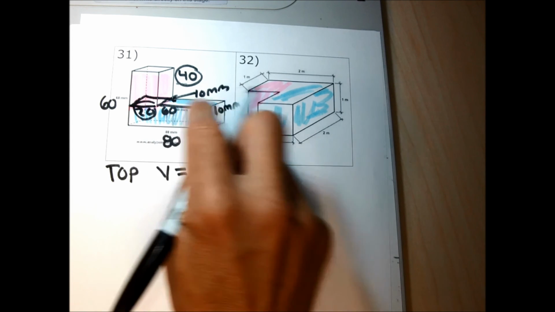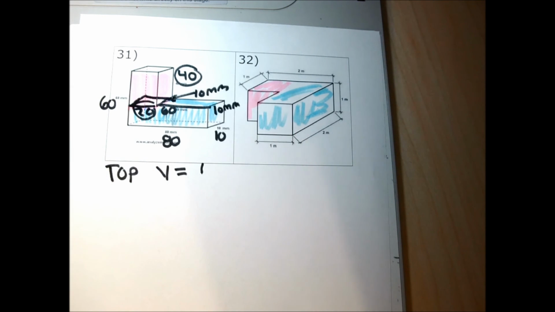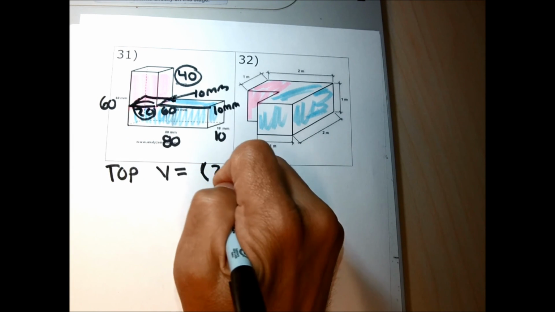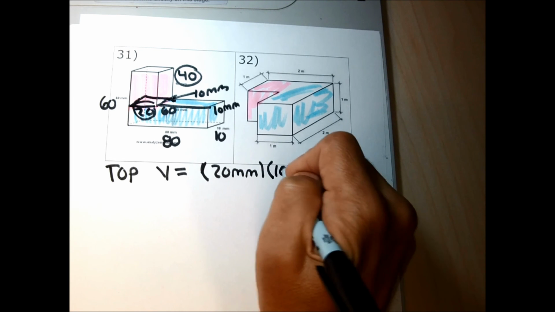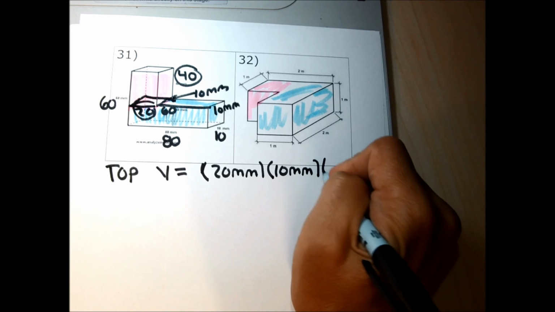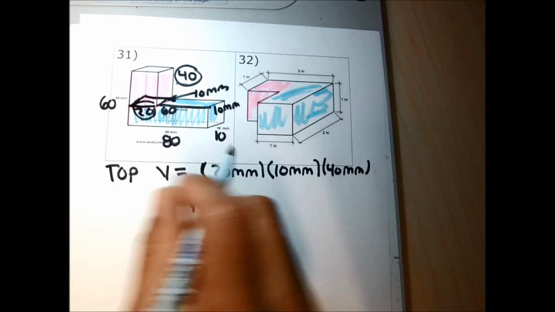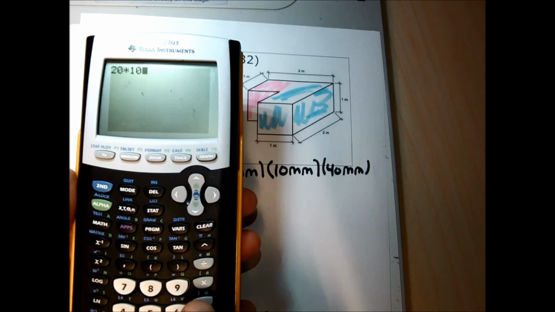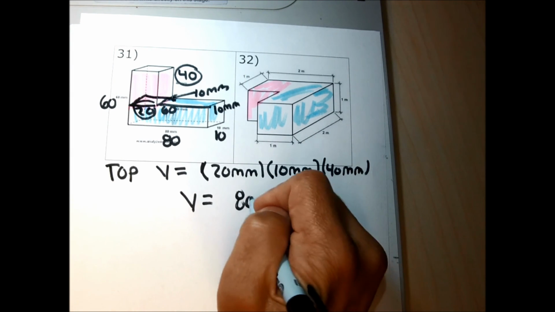It probably was a bad way to cut it, but that and that are the same, and similarly that and that are the same. And so that's going to be 20 by 10 by 40. So the top is 20 millimeters, the one in pink, times 10 millimeters times 40 millimeters. That's going to give me a volume of 20 times 10 times 40 of 8,000 millimeters cubed.